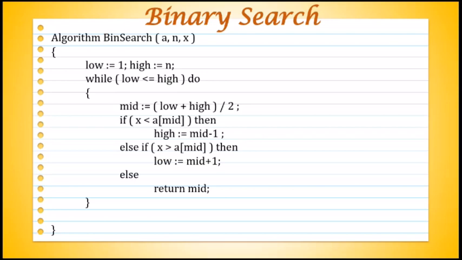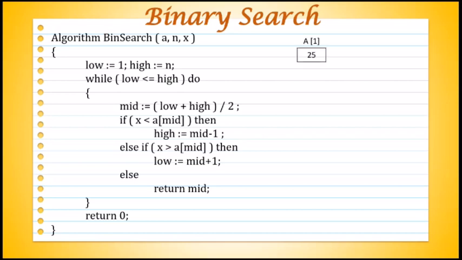So for that we will return the value 0, that means our searching element is not present in the list. If the element is found, we will return the position of that element, and if the searching element is not present in the list, then we will return the value 0. Now we will take a few values and we will see how this algorithm works.